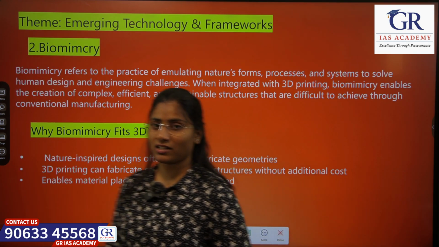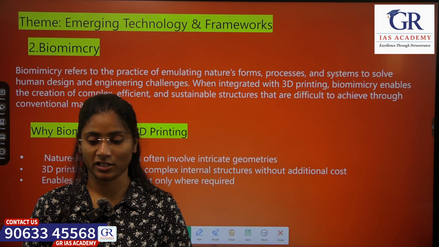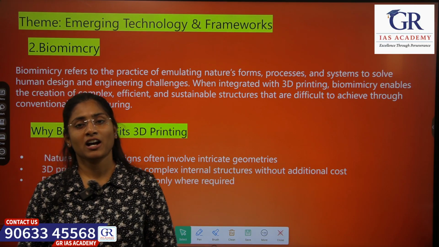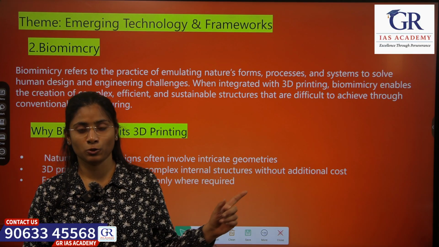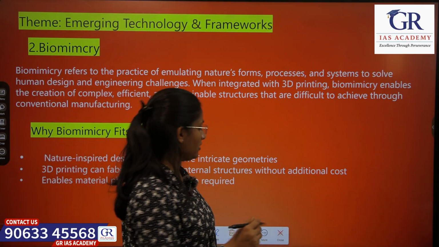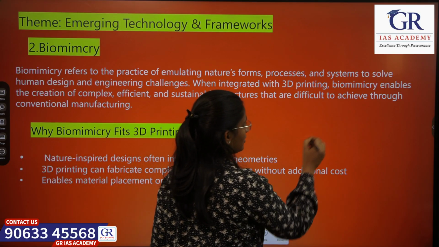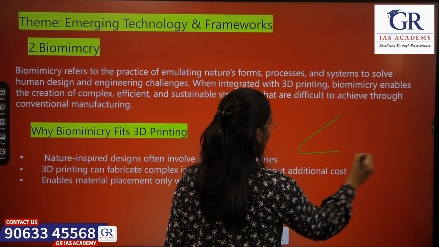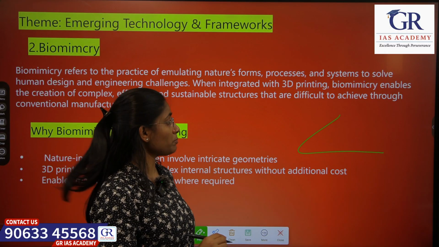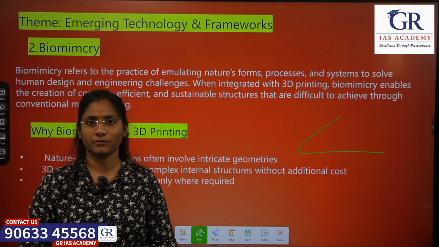So let's come to our next topic, biomimicry. If you have noticed, I have already mentioned in Hyperloop that the structure of the train is something like this, which is inspired from birds.